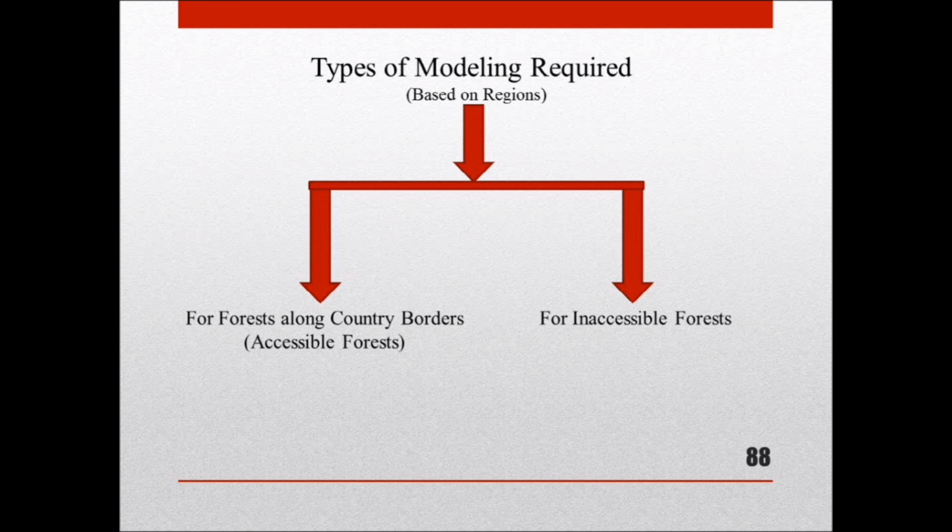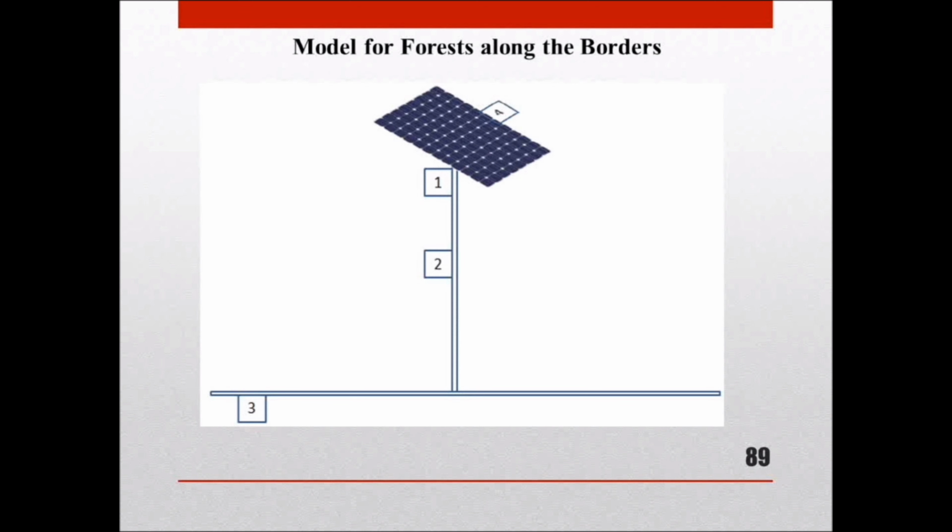Now if we take mechanical modeling, there are two types that should be developed. The first should be done for forest along country borders, that is for modules which are to be placed for forest along country borders, in simple words, for accessible forest. And the next type of mechanical modeling required is for inaccessible forest.